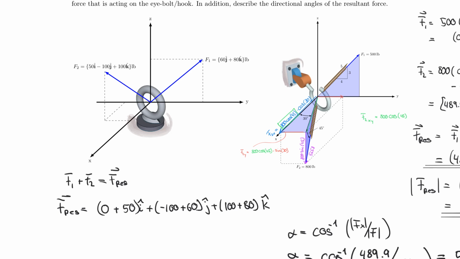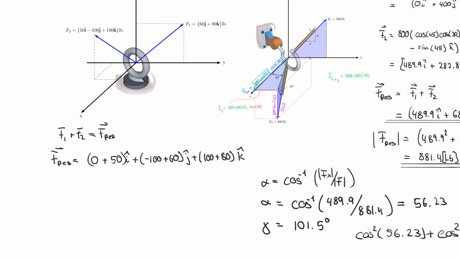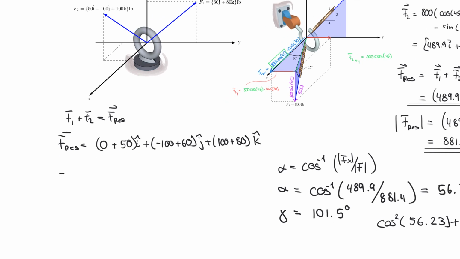And you see it's actually fairly easy numbers. You don't even need to get out your calculator. However, the answer here would be equal to 50 i hat minus 40 j hat and plus 180 k hat. That is all given in pounds, and it is a result, so I better double underline.